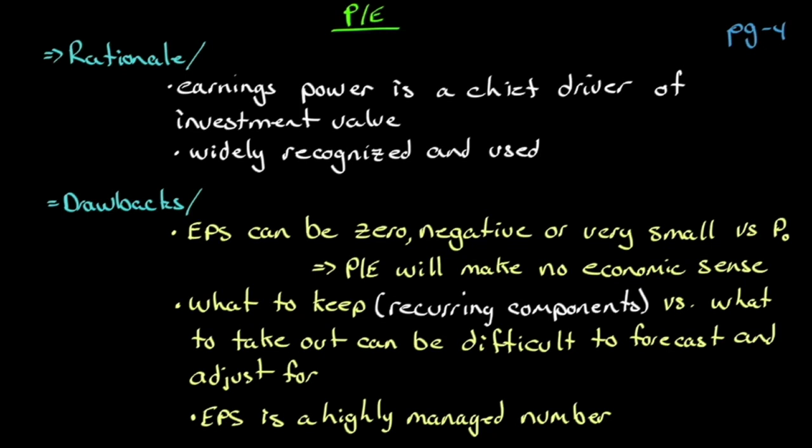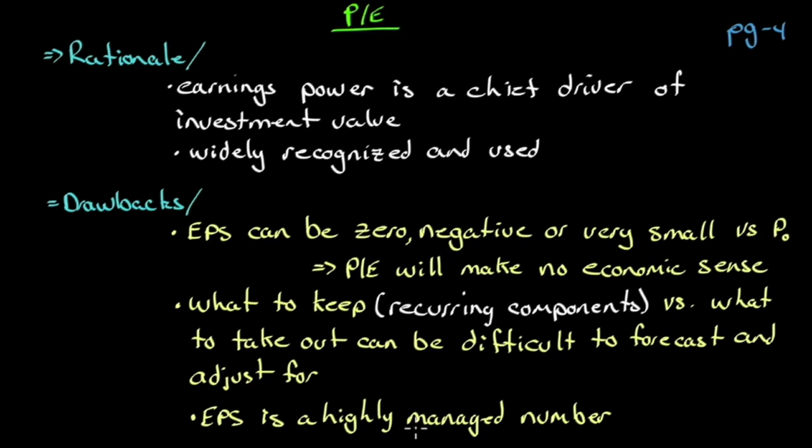The other problem is what to keep in the earnings per share number. What to keep, the recurring components, versus what to take out, can be difficult to forecast and adjust for. And earnings per share is a highly managed number. You better be up on all your accounting policies, and you better be able to adjust earnings for differences in assumptions, differences in accounting methods, differences in inventory valuation.